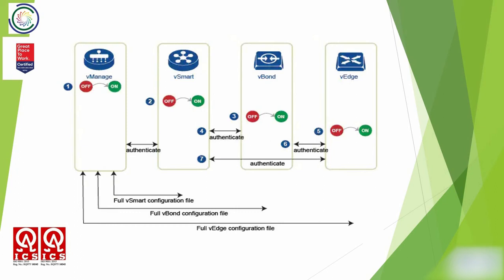After learning the information of other edge devices from the vSmart, it will form an IPsec tunnel automatically with other vEdge devices for the transfer of data between the edge devices. In this way, we can conclude the bring up sequence of our vManage, vSmart, vBond and vEdge in our Cisco SD-WAN environment.